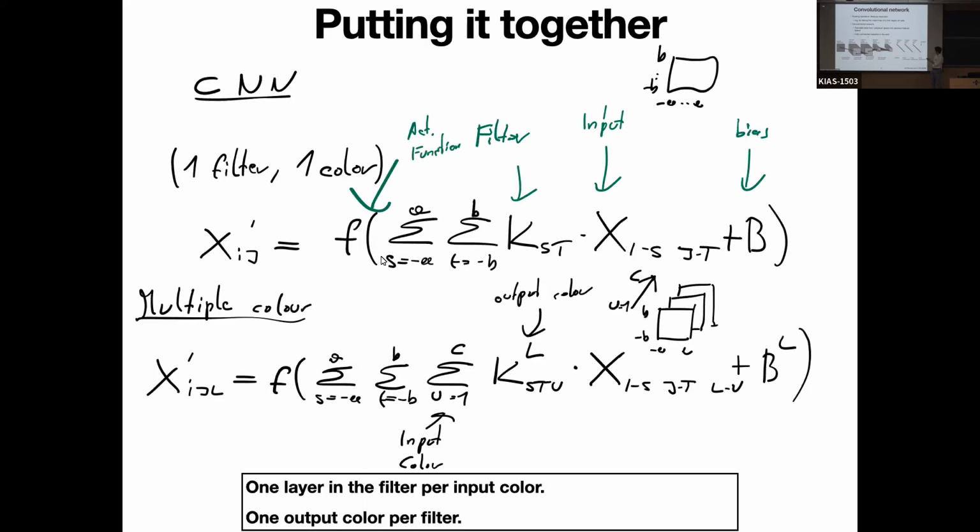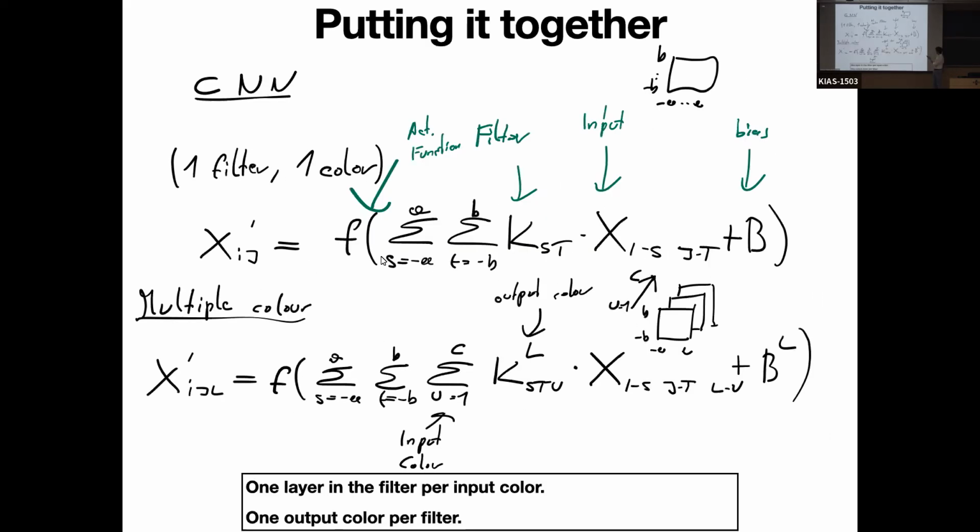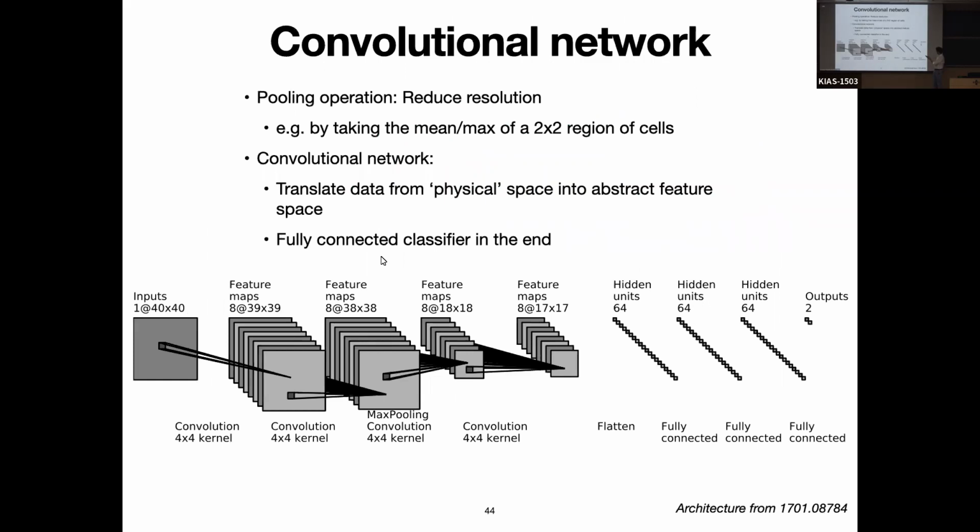So I say, okay, I want to reduce the spatial resolution of my image by just taking the average over here, taking the average over here, taking the average over here. It's the simplest way of reducing the size of an image that you could do. This is called pooling, and a traditional convolutional architecture consists of these two things. So we start with convolutions. These convolutions, you can think, learn abstract features in the data.